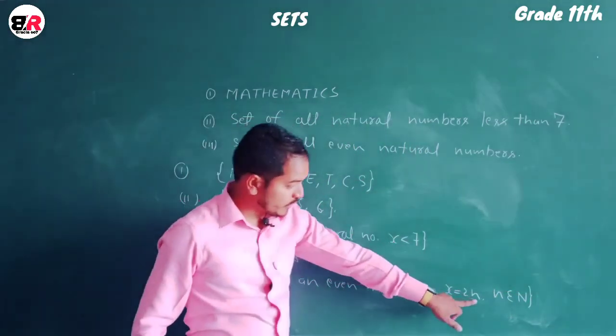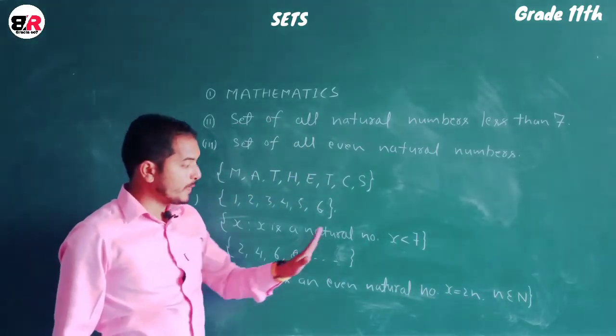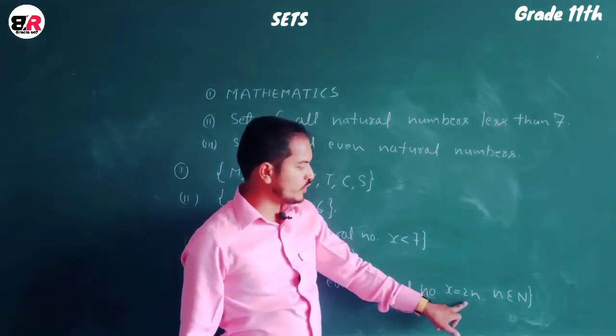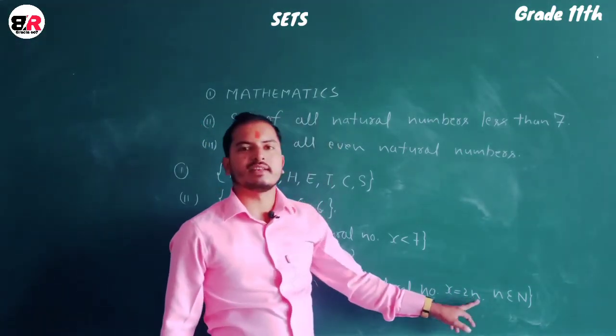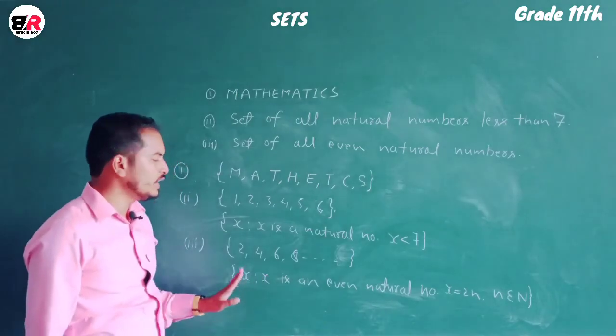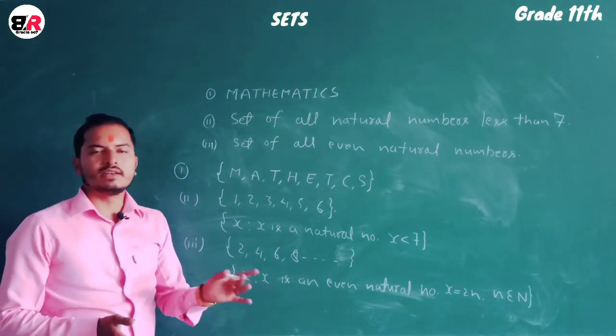If we put n as 1, then 2 times 1 is 2, first even natural number. If I put n as 2, then 2 times 2 is 4, second even natural number. If I put n as 3, then 2 times 3 is 6. So in this way, we can represent a set in set builder form as well as in roster form.